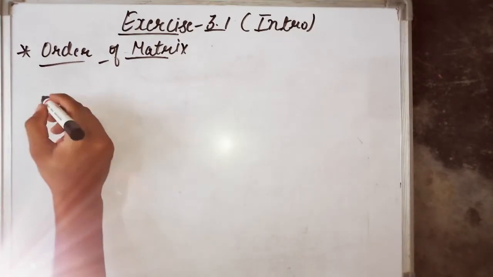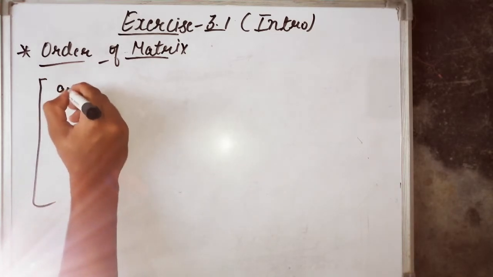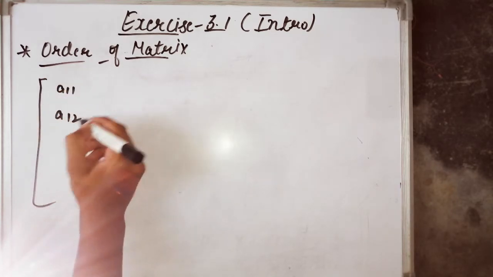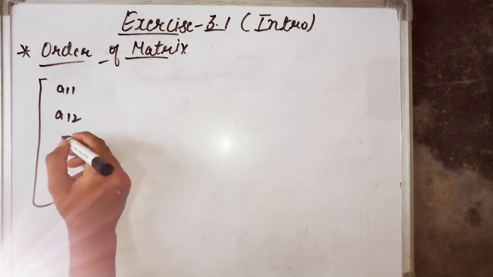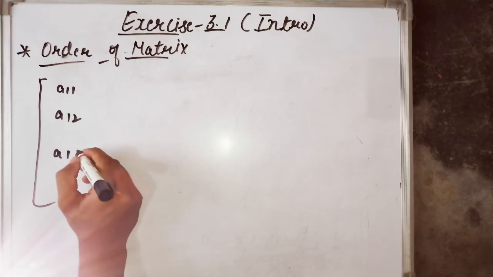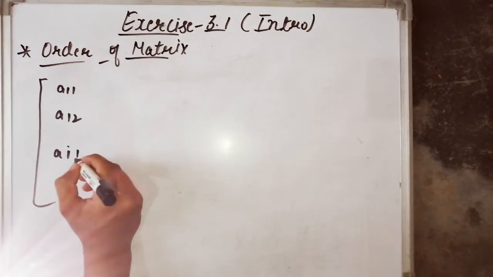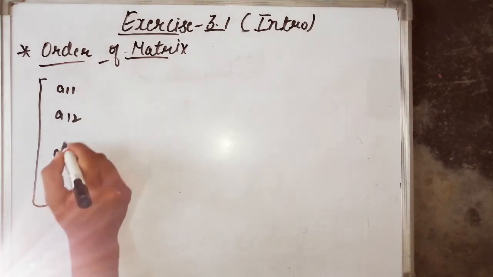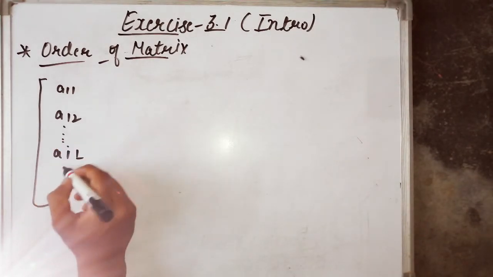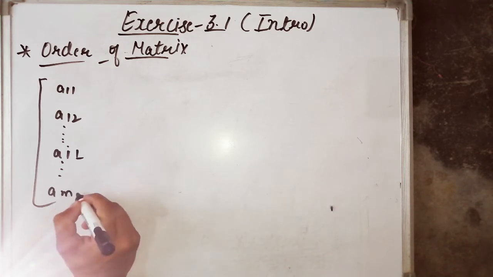Let me make a matrix here: a11, a12, ai1, a, i1, and at last am1.